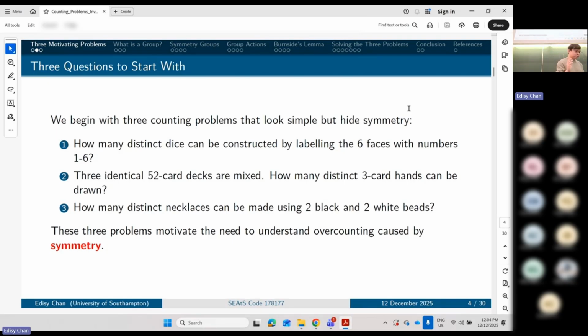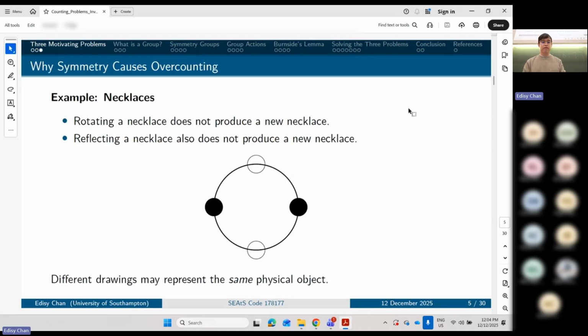You can see that these are counting problems, but you have to be very careful when you count, because you may overcount. For example, necklaces are the easiest one, so let's attack this one first.